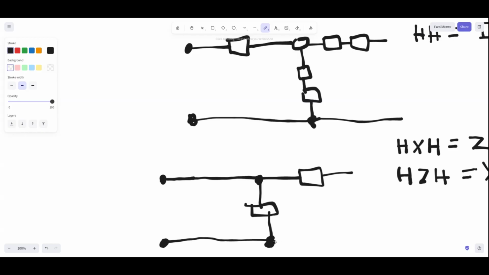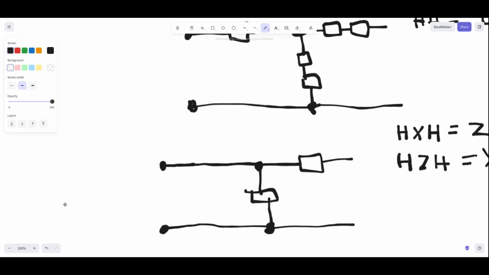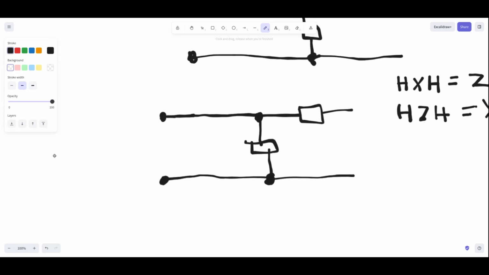And so now I will use the rule of fusion, that if you have two white balls, like if you have two Z, it will give you Z. If you have two X, like if you have X squared, it gives you X. So it means the Z gate is a white gate and the X gate is a black gate.